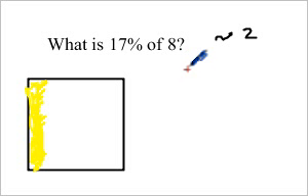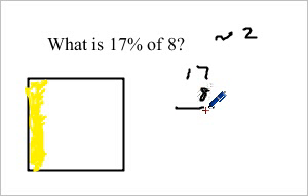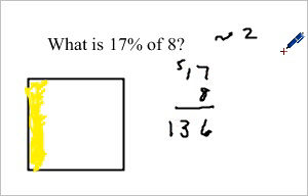Again, we're going to multiply 17 times 8, 56, carry the 5, 13. I estimated around 2, so I know my decimal place has to go right in there, 1 and 36 hundredths. So this represents 1 and 36 hundredths if the whole is 8.